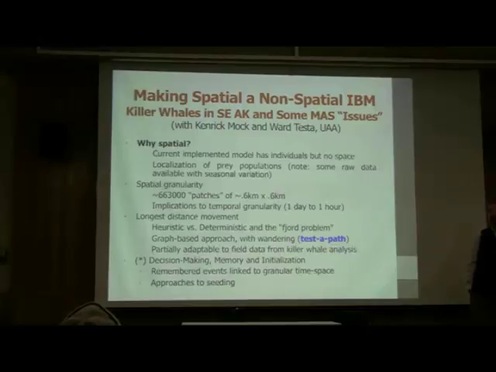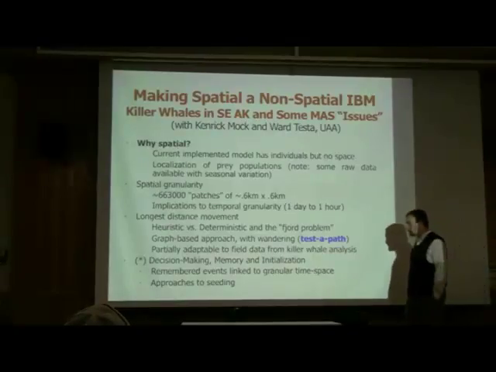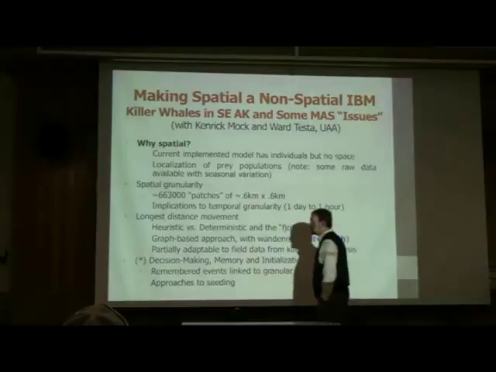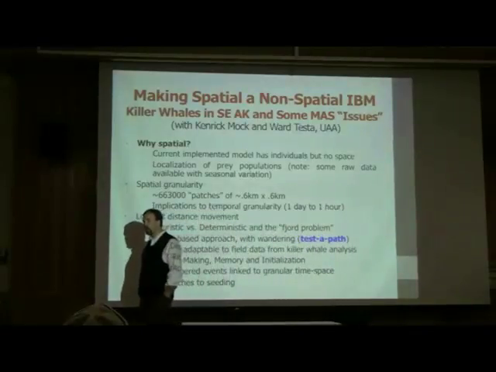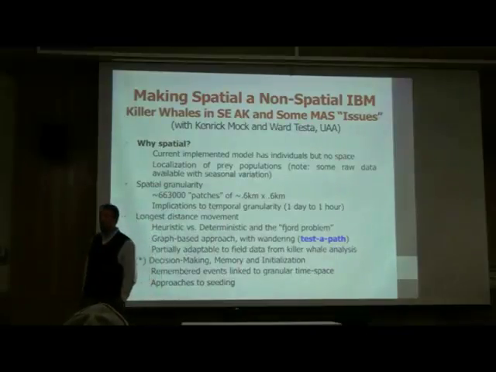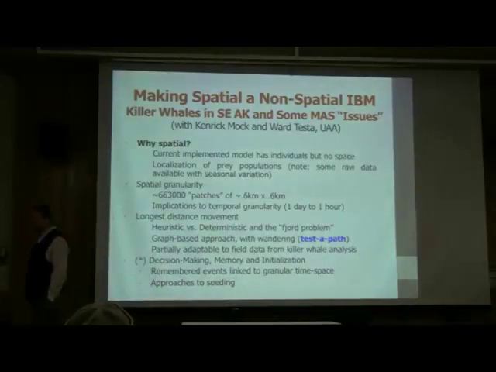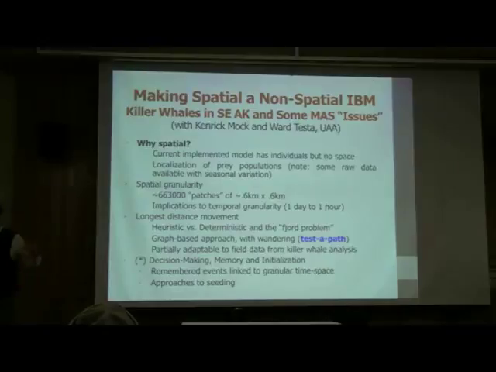There are a few basic research questions, but the real basic research question is what assumptions about killer whale prey choices will lead to the field studies about population dynamics over the past 20 or 30 years.